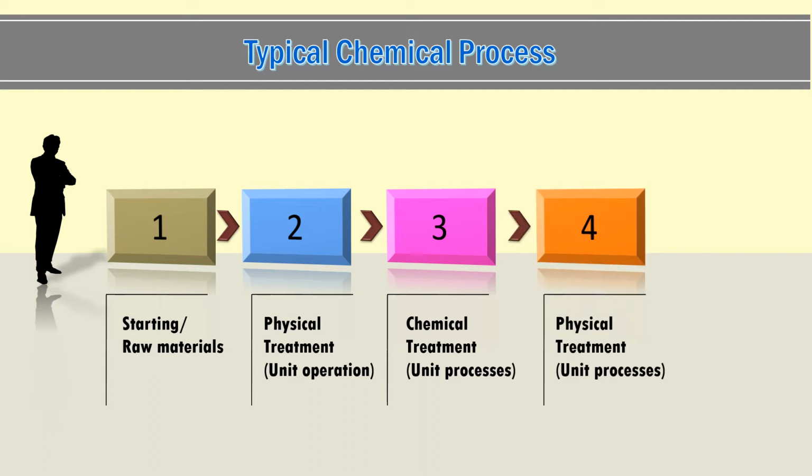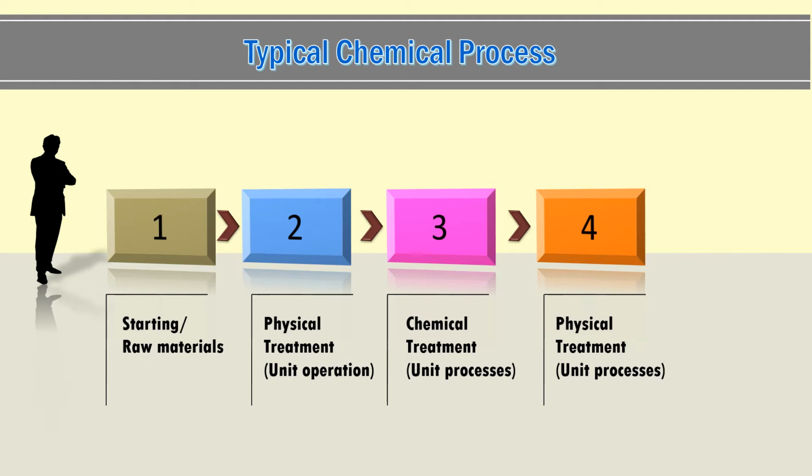After formation of the product, again we require physical treatment. Suppose we got some product after completing the reaction. What we have to do is filter the product. So filtering the product is a physical treatment. This is again a unit operation.